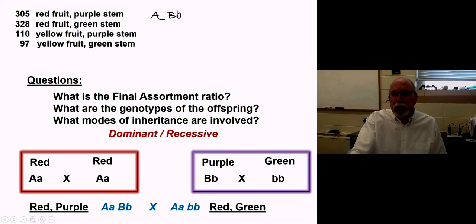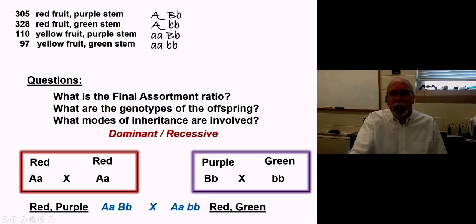They must be these big B, little b, okay? The greens must be little b, little b, but red. Yellows must be recessive for the first allele, right? And purple must give you this dihybrid, or this heterozygote over here, two alleles. And then finally, we must have a little a, little a, little b, little b. Little b is the only way we're going to get a yellow fruit with a green stem, because we were told which one was dominant, which one's recessive.